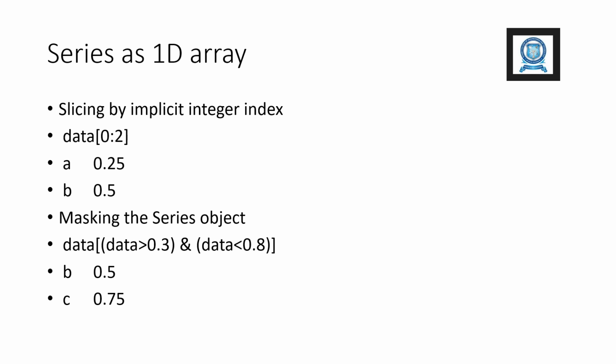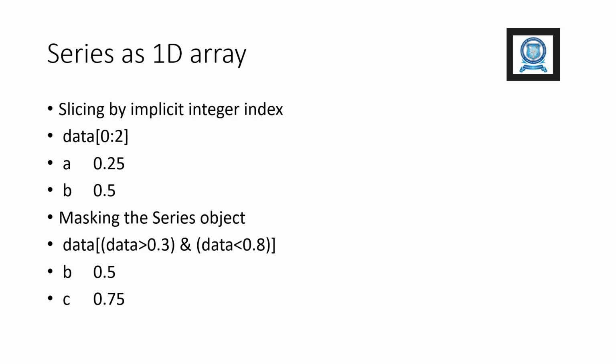Next, slicing by implicit integer index, that is data of 0 colon 2, that is from the 0th position up to the first position will be printed. The 0th position is a and the first position is b. So their index and their corresponding values are printed on the screen: a 0.25, b 0.5.